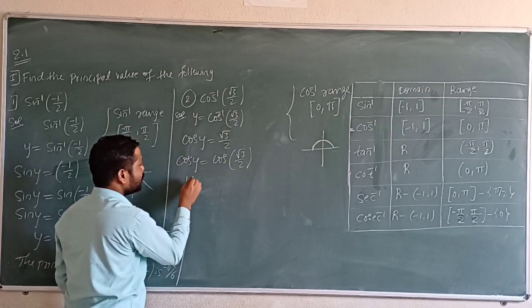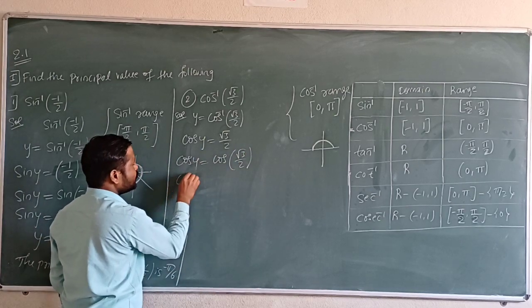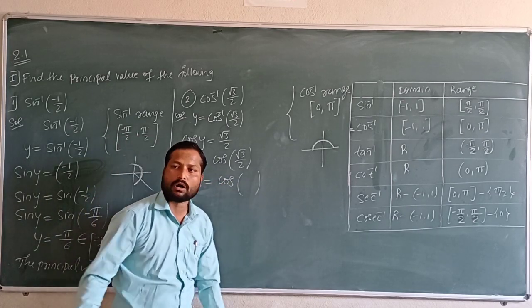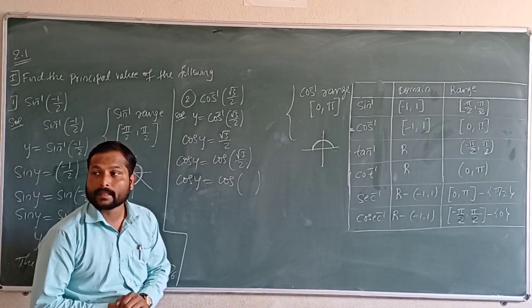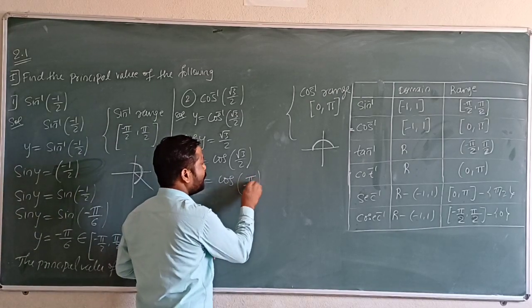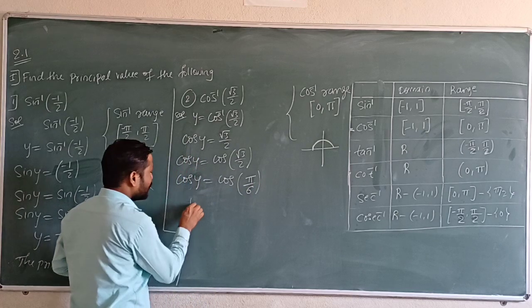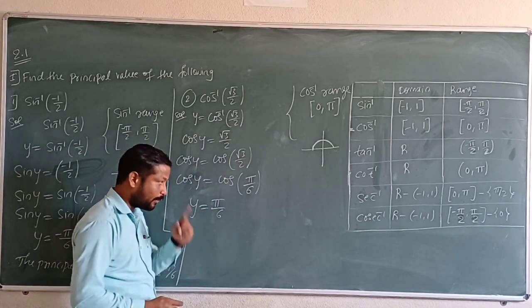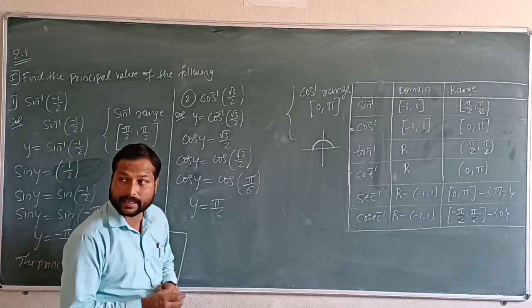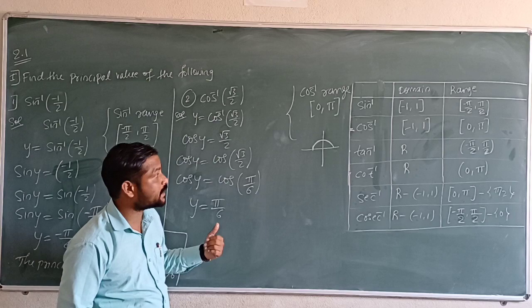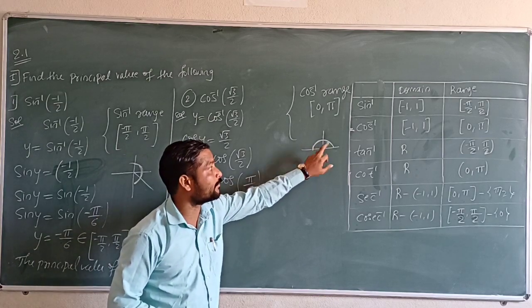Cos y is equals to root 3 by 2, which is how many degrees? 30 degrees. Write down the radian, that is pi by 6. Now check here, y is equals to pi by 6 belongs to that range. Pi by 6 means how many degrees? 30 degrees, plus 30 degrees. Which quadrant does it lie in? First or second? First quadrant.